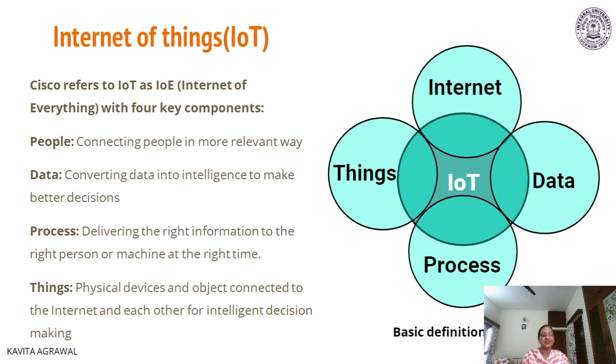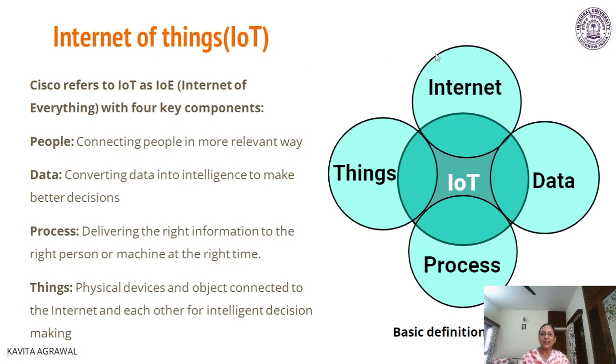It has data, that is, converting this data into intelligence to make better decisions. There is process for delivering the right information to the right person or machine at the right time. There are things, or the physical devices and objects connected to the internet and each other for intelligent decision making.